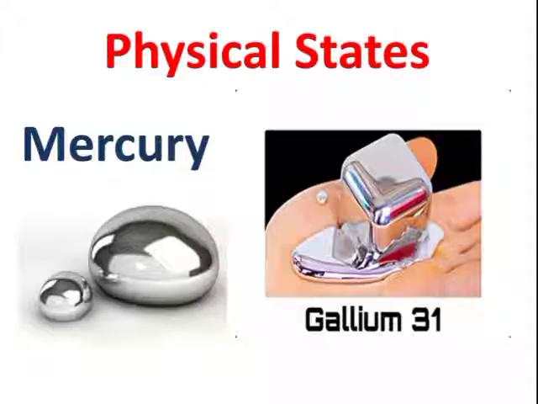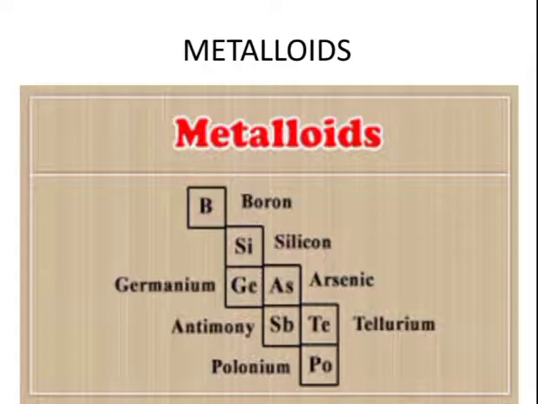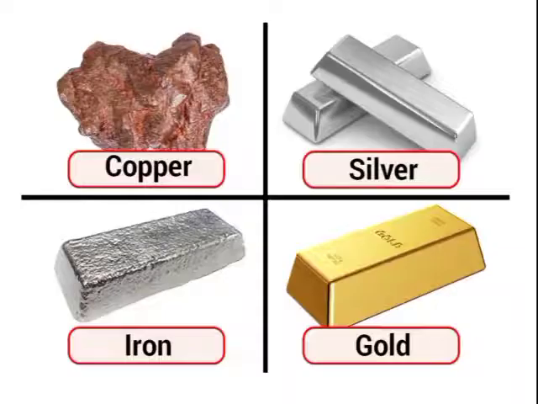Let's see one by one. First, we'll see about the metals. Gold, silver, iron, copper, aluminium, magnesium, calcium, sodium, platinum are a few metals. These metals we all know.